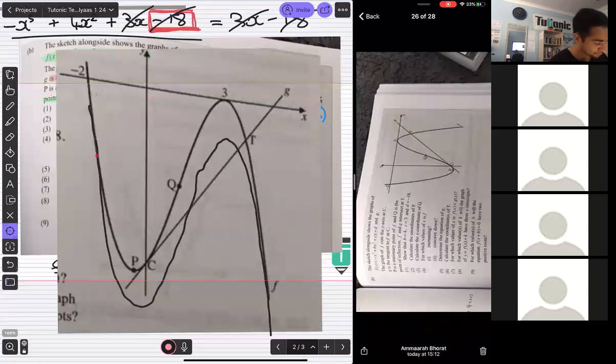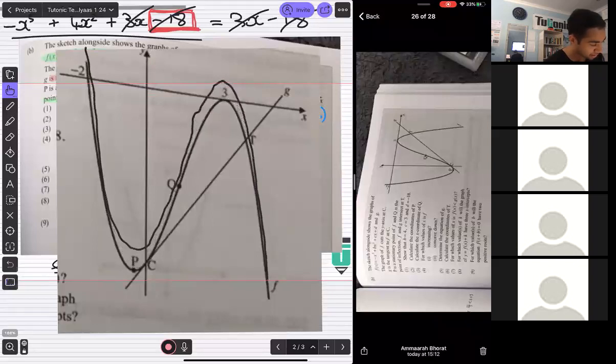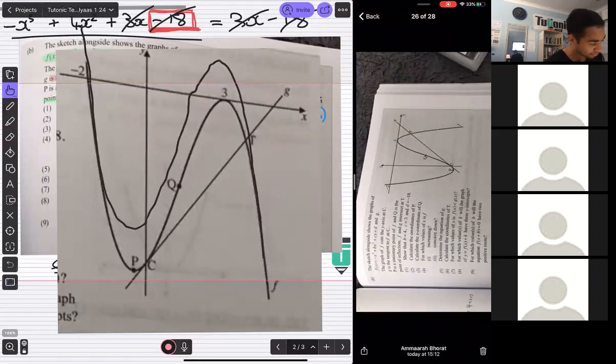Oh, yeah. Okay. And if I shift it up, 3. So if I shift up, if k is greater than 0 so far, right? Because now k is 0, but if I shift it up, how many x-intercepts? 3.